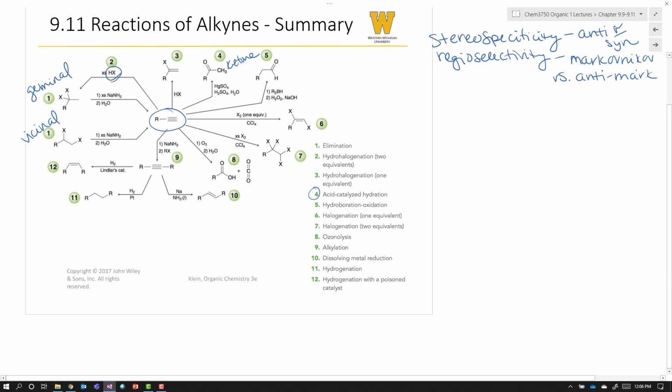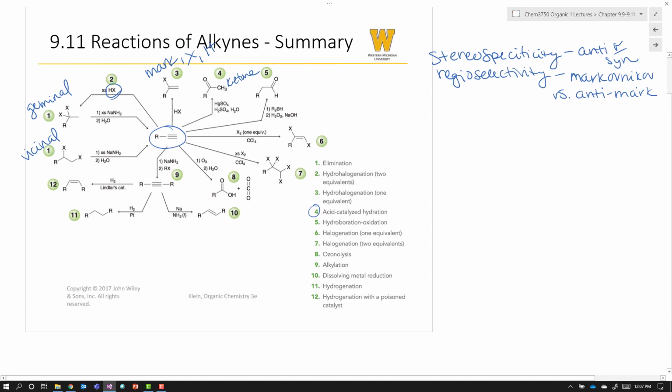Other things, so reaction 3 here, which is your hydrohalogenation. This is going to be a Markovnikov addition. And so with Markovnikov, we're going to have 2 different things being added on. You're going to have your halide, which must be added on to the more substituted carbon, and you're going to have a hydrogen being added on. We already went through reaction 4, this acid catalyzed, but more information to add is that it's a Markovnikov.